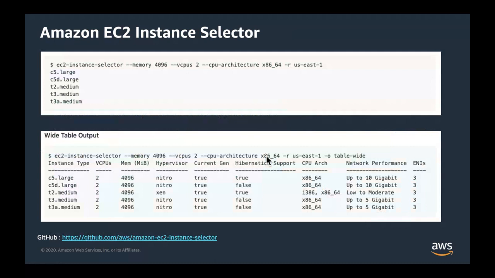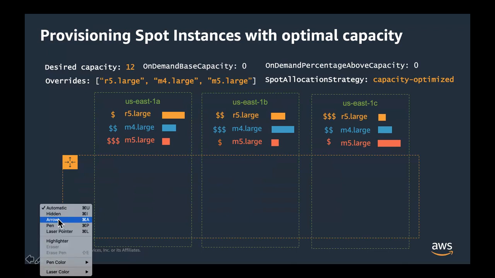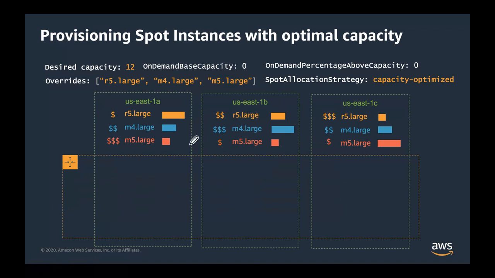So before we go to the demo, we'll talk about a few of the other algorithm techniques that you typically want to use for Spot. Think about this screen. Let me see my pen. Okay. So I want 12 capacity, and I said my base, I don't need a base on-demand capacity, and I don't want any on-demand in my fleet.